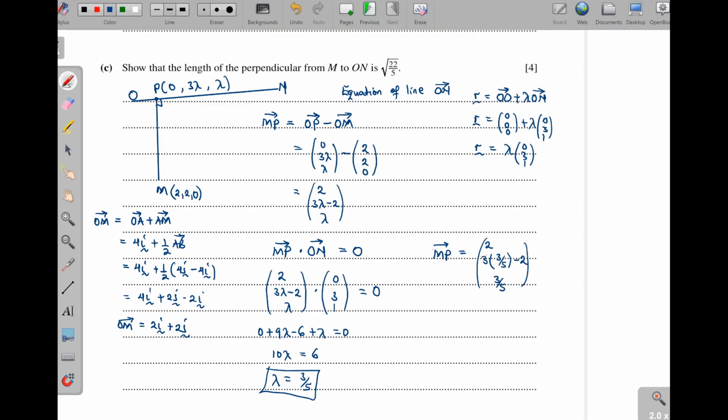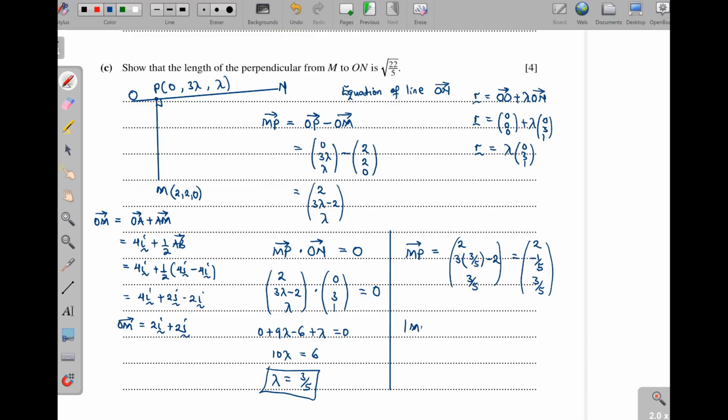Let me first separate this one here, extend this one a little bit just to create some space. Then this one will be equal to negative 2. Then 5 times negative 2, you get negative 10 plus 9, that is negative 1, out of the 5. And then 3 out of the 5.